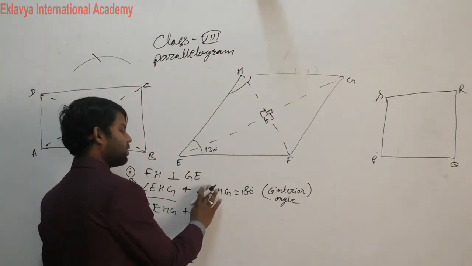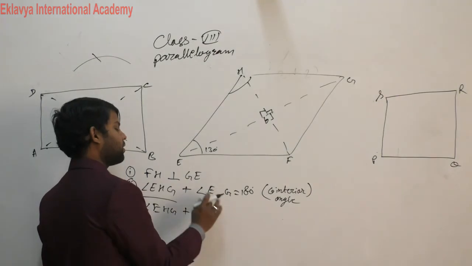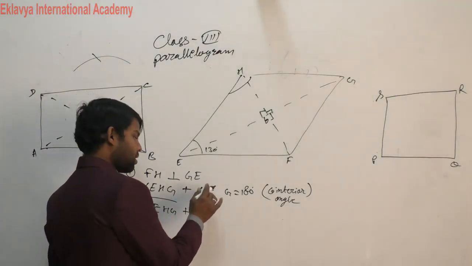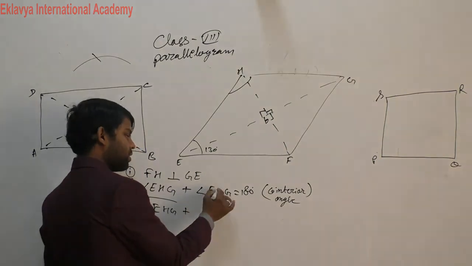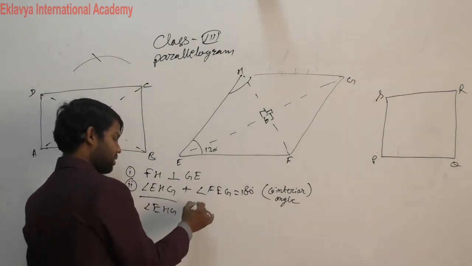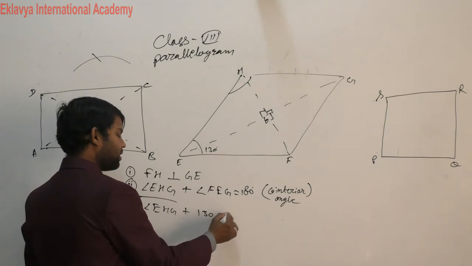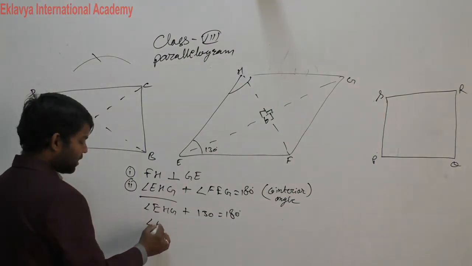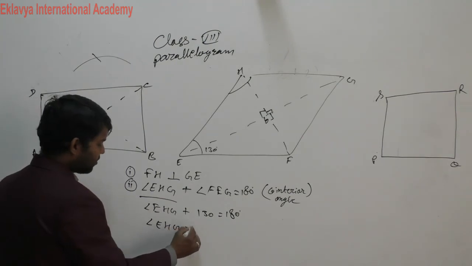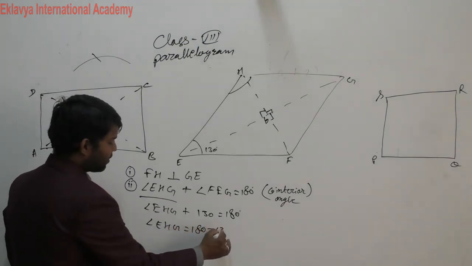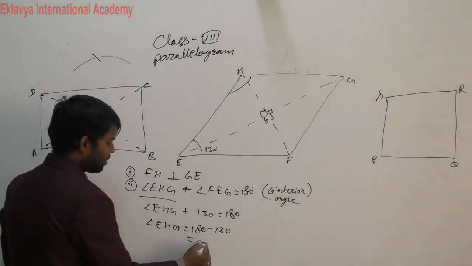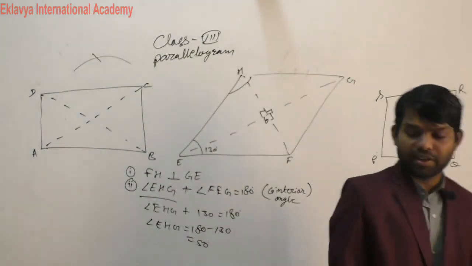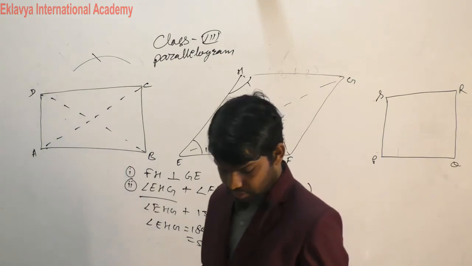Here it is given that angle FEH is 130 degrees. Then finally we got it, angle EHG is equal to 180 minus 130, 50 degrees. So our answer will be 50 degrees in this question.